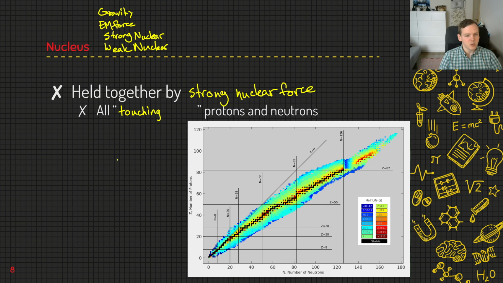If a proton and neutron are brought together so that they touch, and touch is a weird kind of nebulous word when we get really small, but we're going to simplify and just pretend that protons and neutrons are little ping pong balls covered in Velcro. So if you have 2 of them touch, they'll stick together with the strong nuclear force. And the nuclear force is very, very strong.